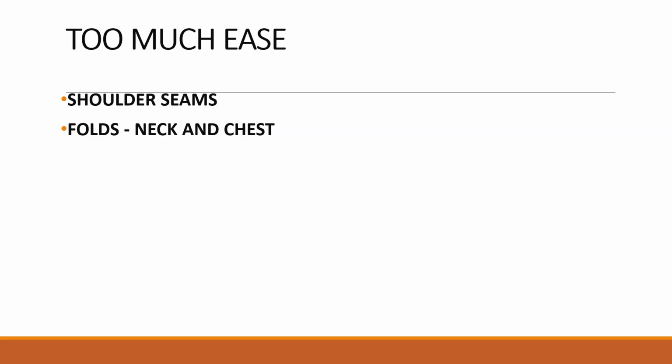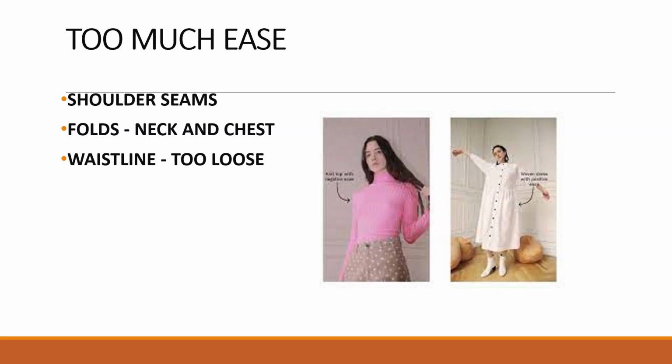And similarly, if too much ease is there, the shoulder seams, or the folds, neck and chest area, or waistline are too loose. So in these extreme situations also, the garment will not look nice. So we have to handle this carefully, then only will we get good fit properties in our garment.